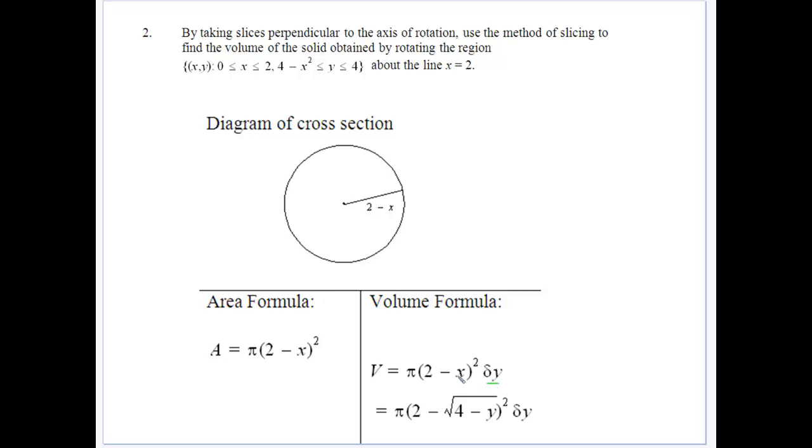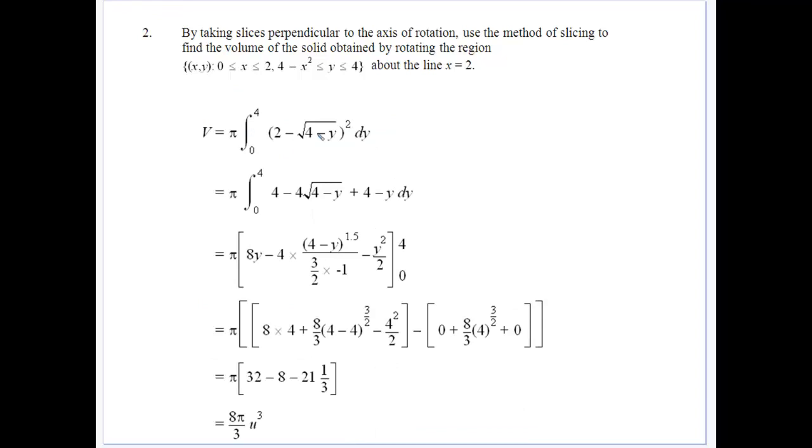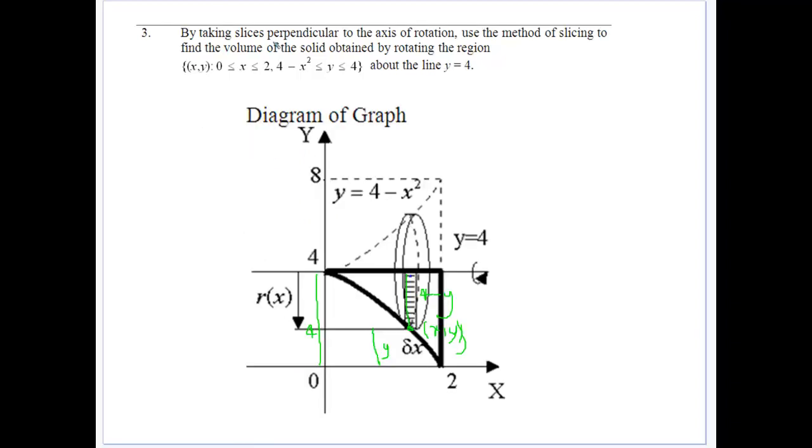We need to get our x in terms of y to get our function. So we get that expansion again, that's the easy way to do it, and then get through to our integral. The integration is still not too hard in that respect, but it's getting the thickness and the radius.